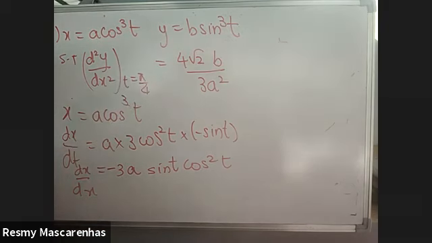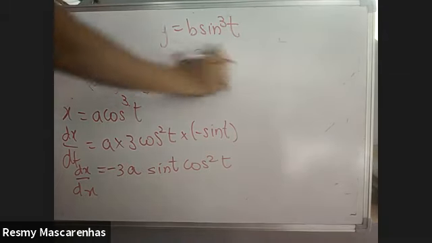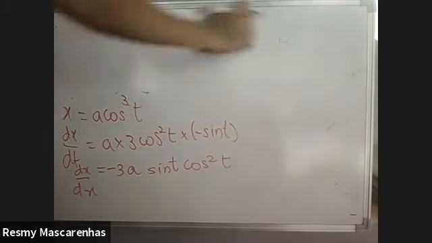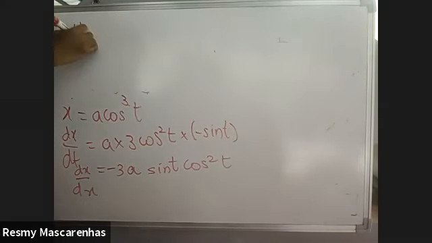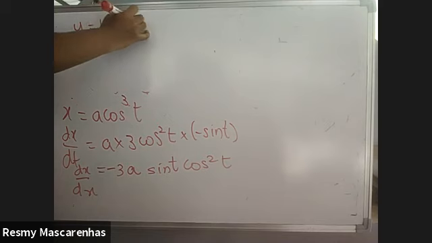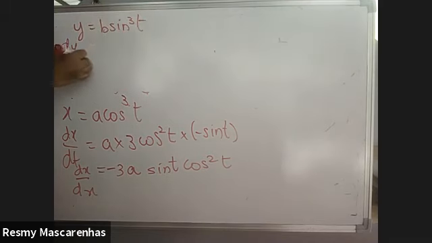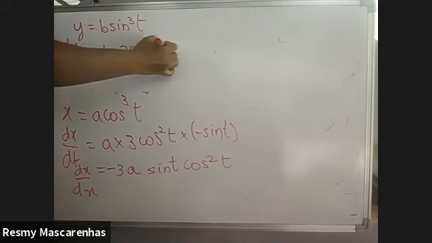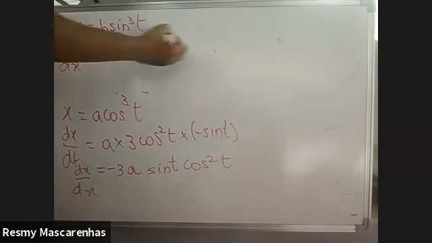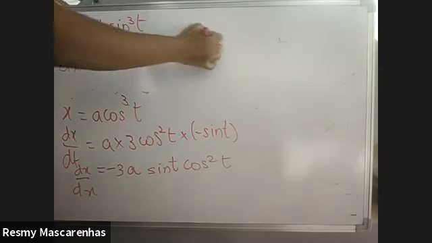Same way find dy upon dt. So dy by dt will be b. First, this will be 3 sin square t into the extra derivative of sin t, which will be cos t.